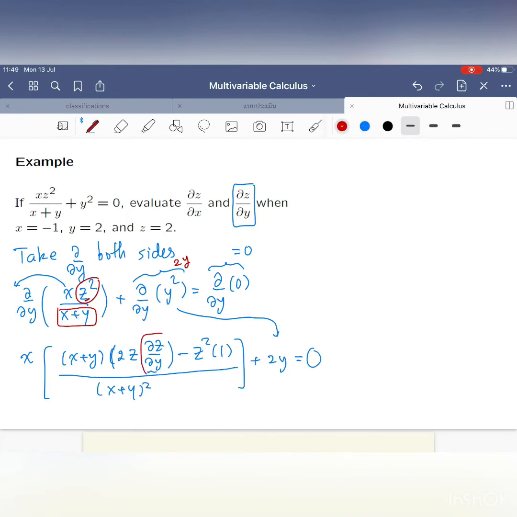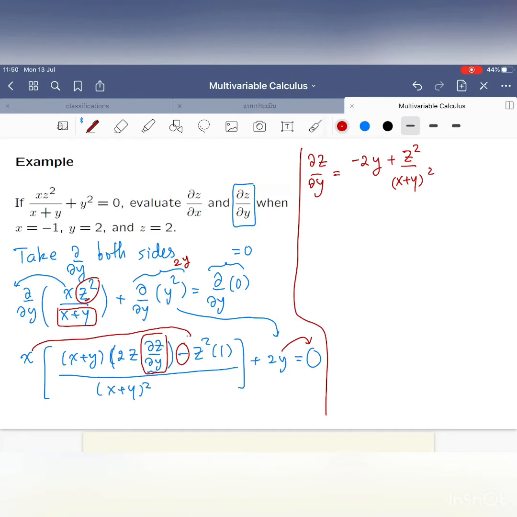If you want to have this in general, you can simply move the others to the right-hand side. So your dz/dy is, with this one to the right-hand side, negative 2y. This one as well goes to the right-hand side, and we will have z squared over x plus y squared. And of course, you have the x on the top as well.